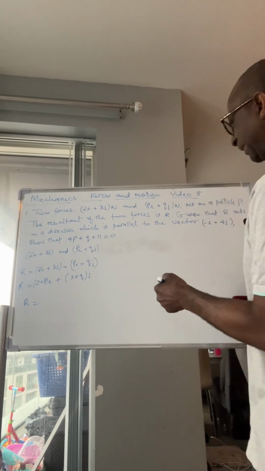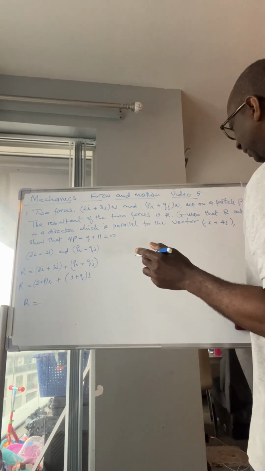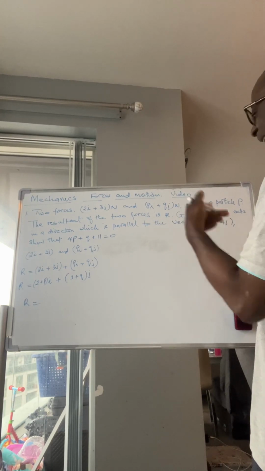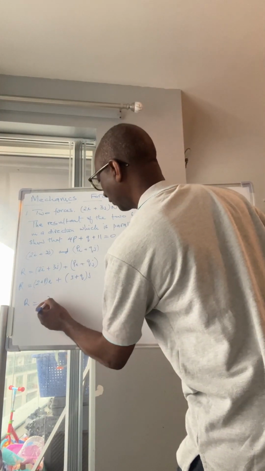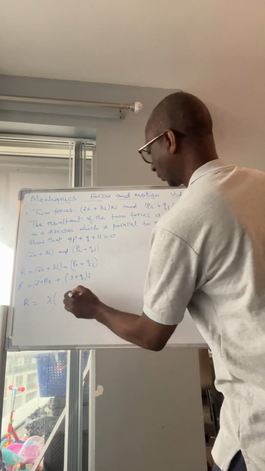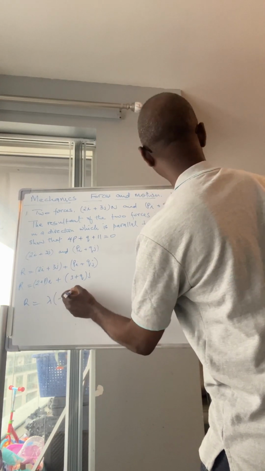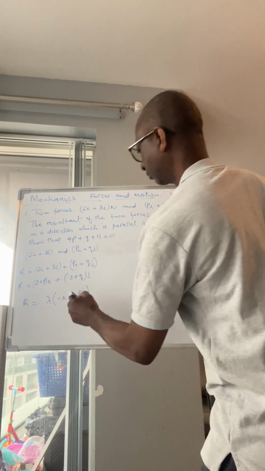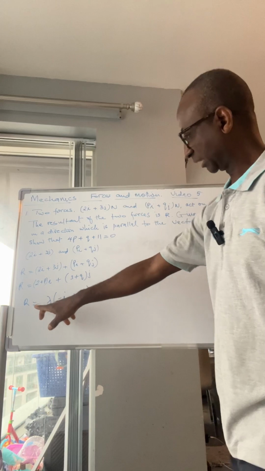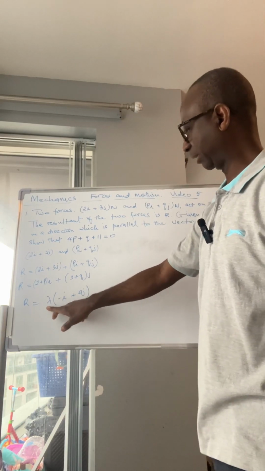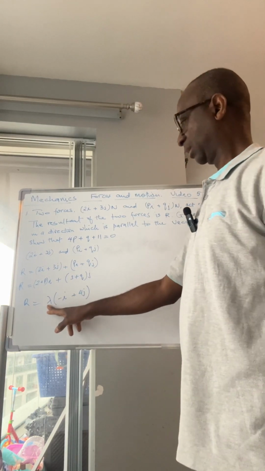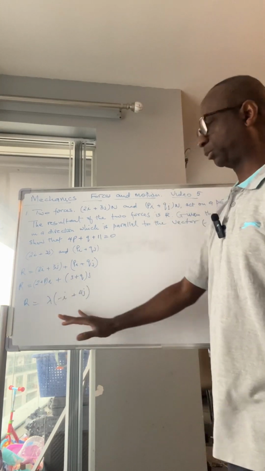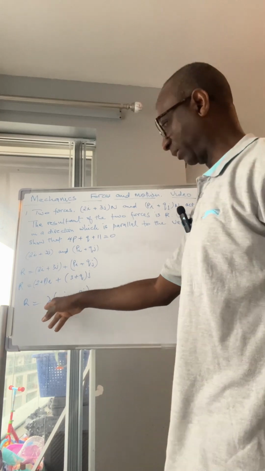We don't know what that number is, and since we already have p and q, we can call it lambda. So we now have lambda times (-i + 4j). Because these two are parallel, one is a multiple of the other, and that multiple is represented by lambda.